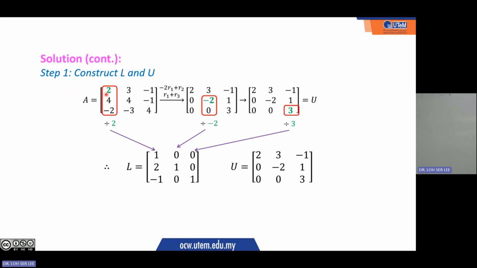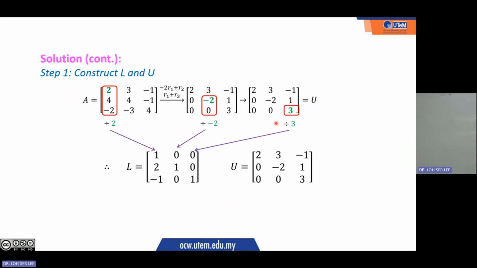The first pivot and the entries underneath all will be divided by 2. So you get this 1, 2, -1. Then this is your second pivot. These 2 divided by -2, so you get 1, 0. And your last pivot is 3. 3 divided by 3 itself, you get 1. So this is your L.